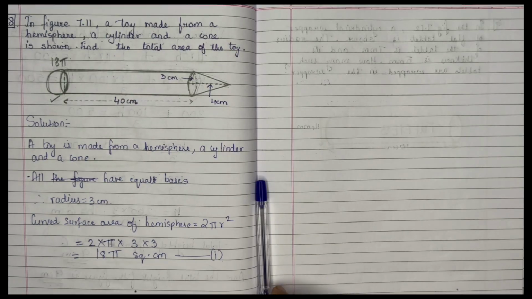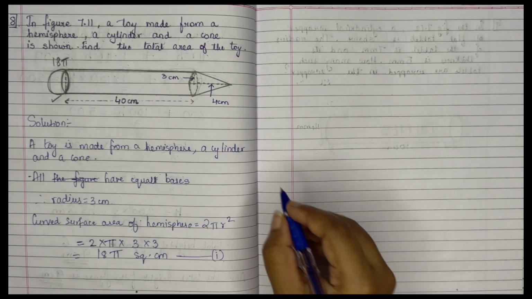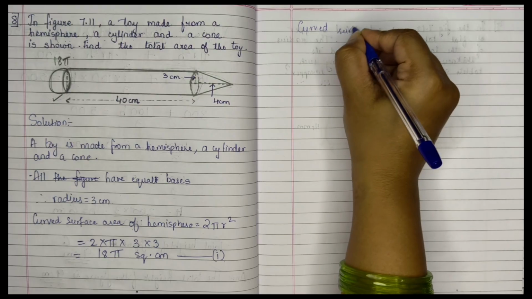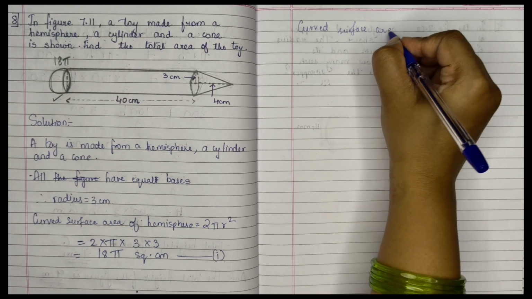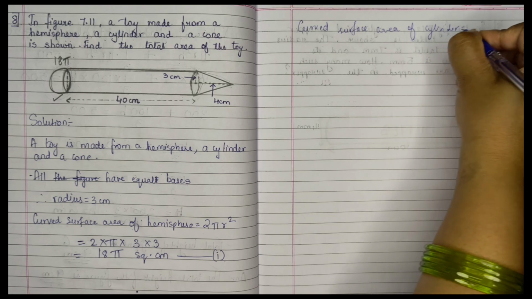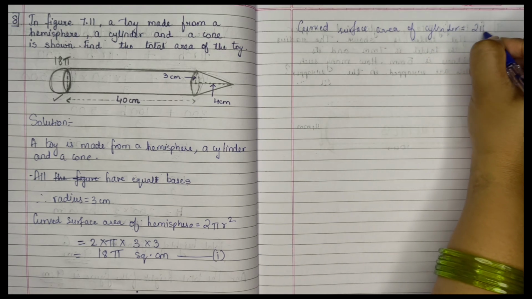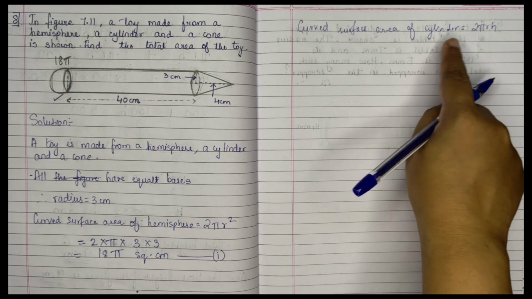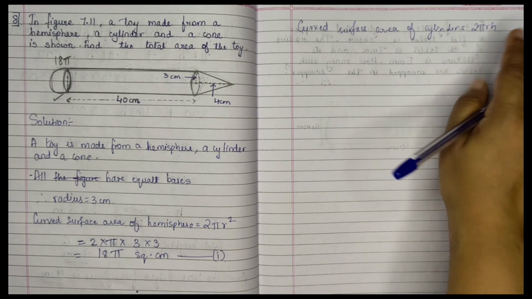Now we will find out the curved surface area of the cylinder. Write down the formula. Curved surface area of cylinder is equal to 2 pi r h.